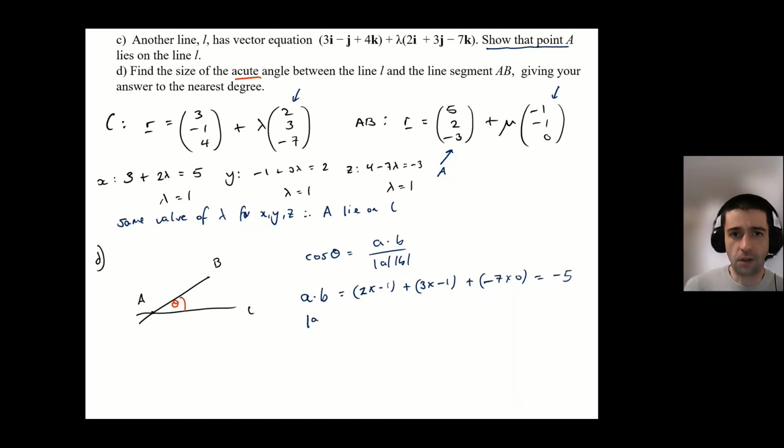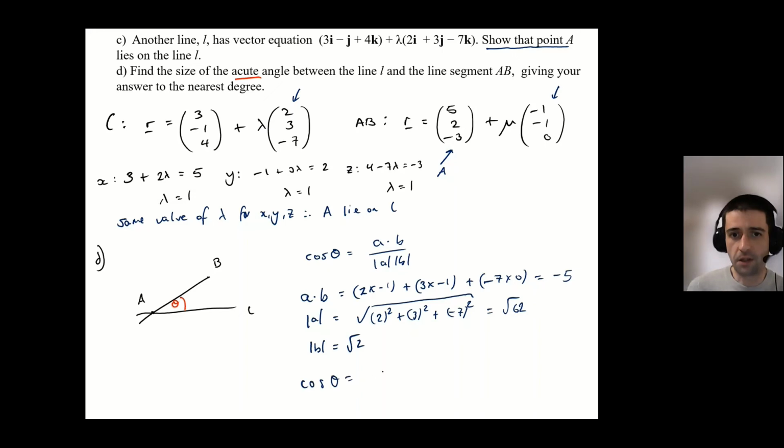Now the magnitude of the vector A, if we call this one the vector A, then cracking out Pythagoras on it again, 2 squared plus 3 squared plus -7 squared is going to come out as root 62, and I'll leave that in surd form because I'm going to use it in subsequent calculation. And then my modulus B, my other vector, we already know from having done this in part B of this question that the magnitude of this vector is root 2.